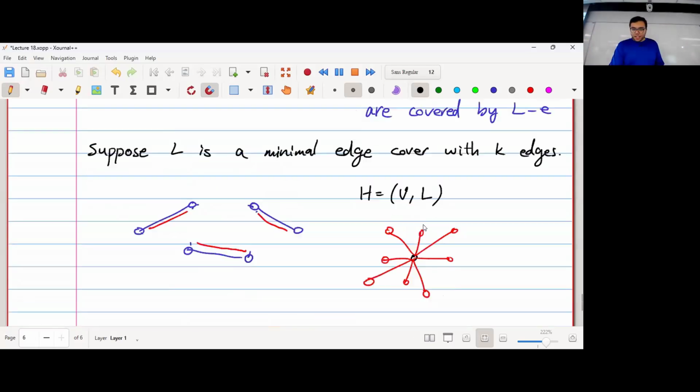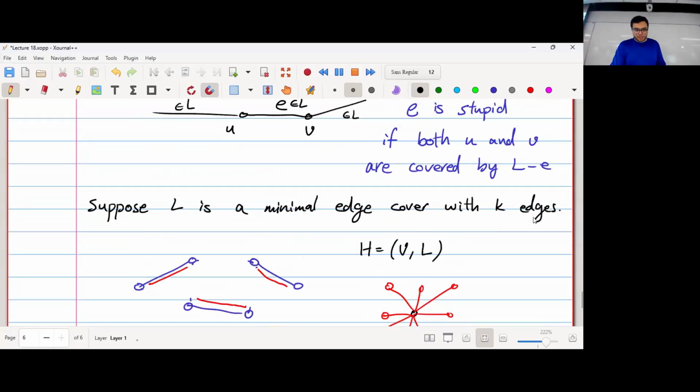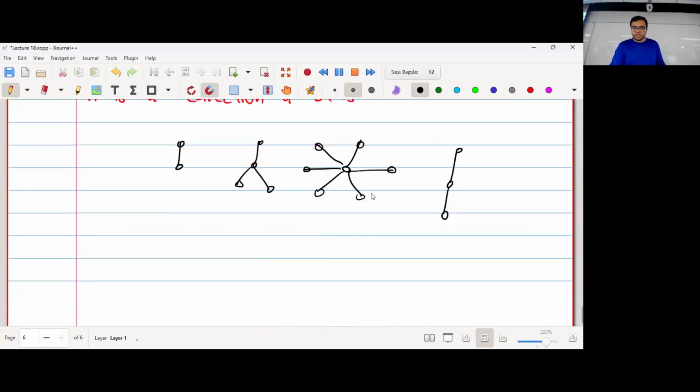I know how many edges I have, right? The number of edges was K, the size of this edge cover. So I have K edges. And I also have N vertices. How many connected components do I have? Someone please tell me.